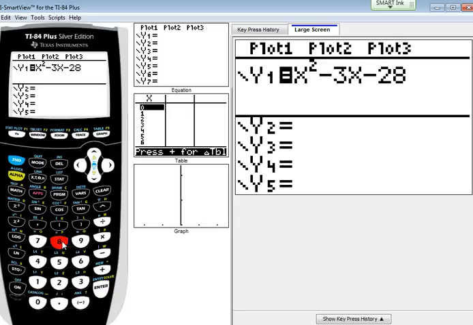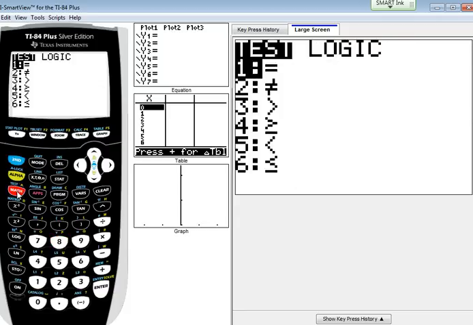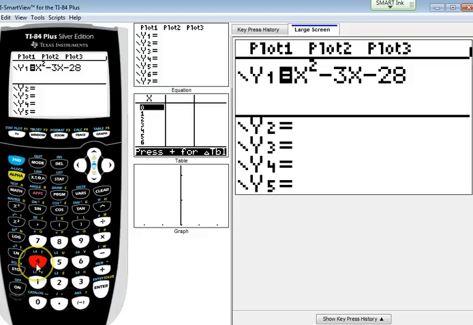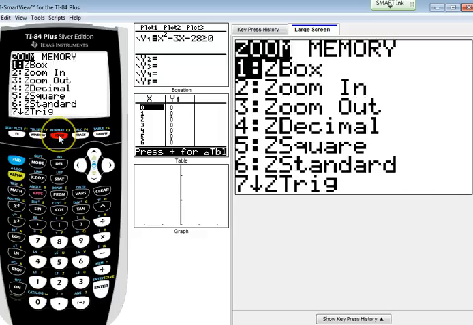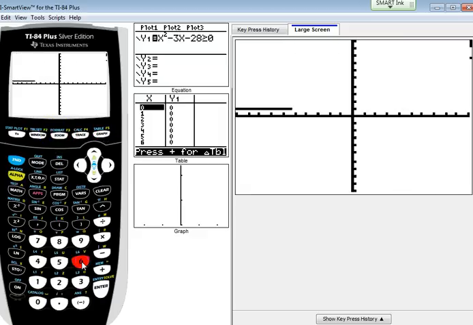We have to get the less than or equal to sign. So we're going to do second, math, and then pull up the one that looks like your paper, choice 4. Then put your 0 in. Now if we graph this, oops, if your graph looks weird, go to Zoom 6. It'll always get you back to normal.